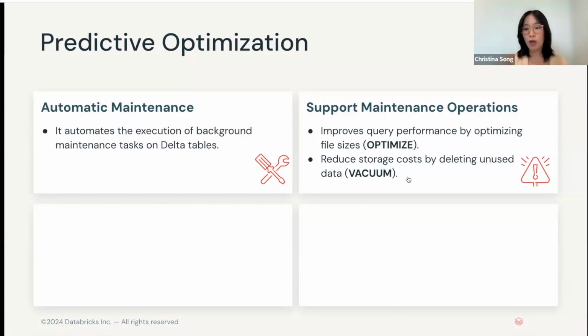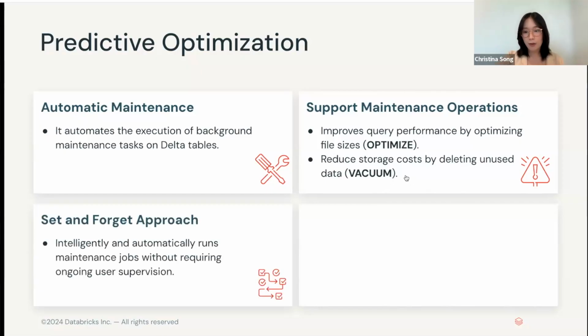So you can improve query performance by optimizing the file sizes with optimize, and you can use the operation vacuum to reduce storage costs by deleting unused data. So this feature really helps enhance query performance and reduce storage costs, contributing to overall efficiency within your process.